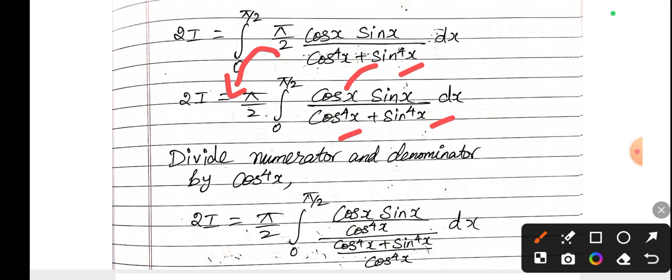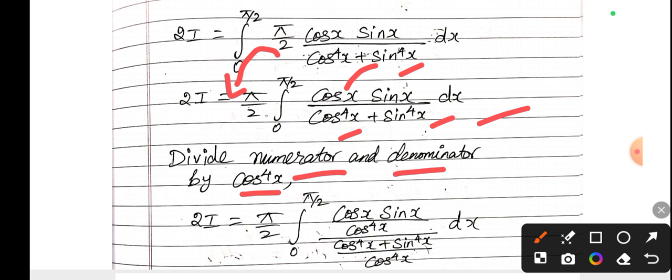Children, when you see this cos power 4x, if we divide numerator and denominator, we have more chances of reducing. So that way we are dividing numerator and denominator. This is the important thing, children. The normal sum and this board sum have a difference. Till this point we have done only the normal work. Here only the changes are there. We have to remember, you should know about dividing the numerator and denominator by cos power 4x, this is one of the ways.